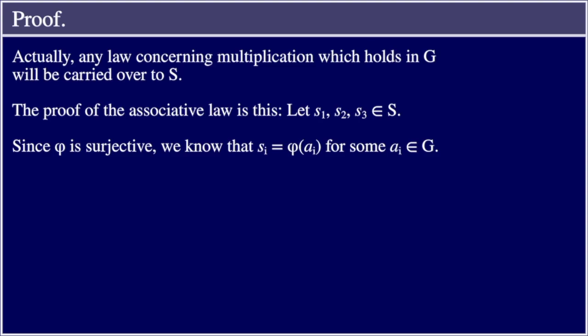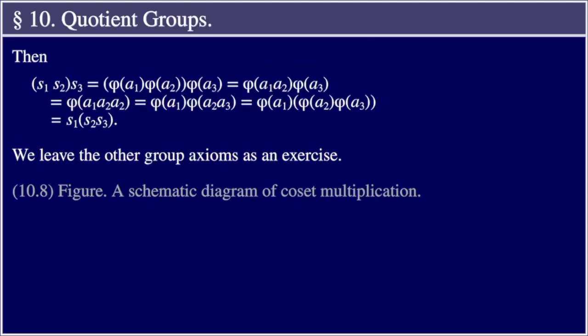Let s1, s2, s3 be members of S. Since φ is surjective, we know that s_i = φ(a_i) for some a_i a member of G. Then (s1 s2)s3 = (φ(a1)φ(a2))φ(a3) = φ(a1a2)φ(a3) = φ(a1a2a3) = φ(a1)φ(a2a3) = φ(a1)(φ(a2)φ(a3)) = s1(s2 s3). We leave the other group axioms as an exercise.